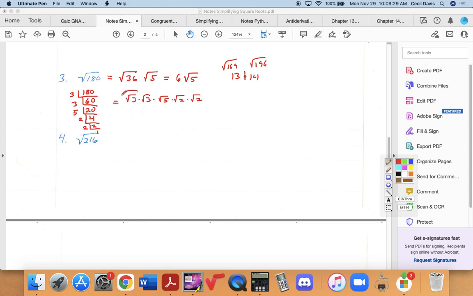What's the square root of 3 times the square root of 3? 3. What's the square root of 2 times the square root of 2? 2. And I've got this square root of 5 that's all by itself. It stays underneath the square root sign. And that's 6 square roots of 5.